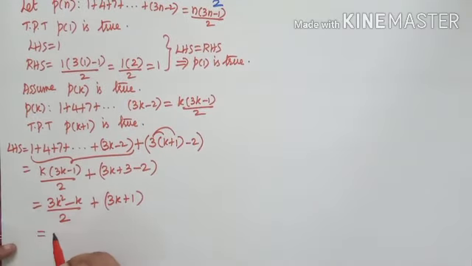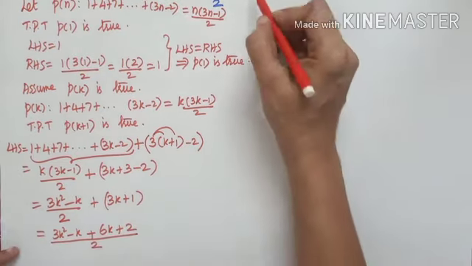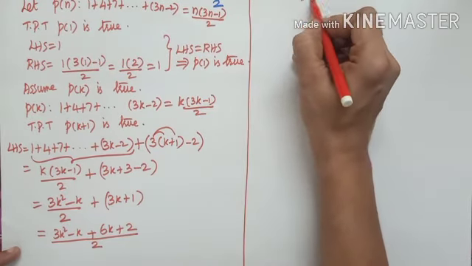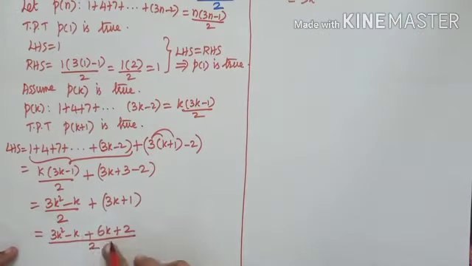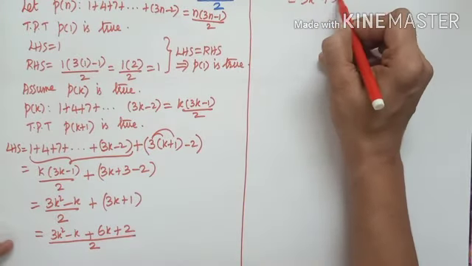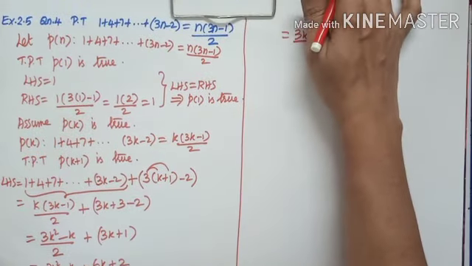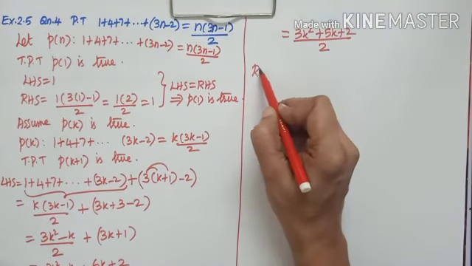It is 3k square minus k, 2 into 3k is 6k, 2 into 1 is 2, divided by 2. I can write it as 3k square plus 6k minus k, which is 5k, plus 2, divided by 2. Now we will go on to the RHS.